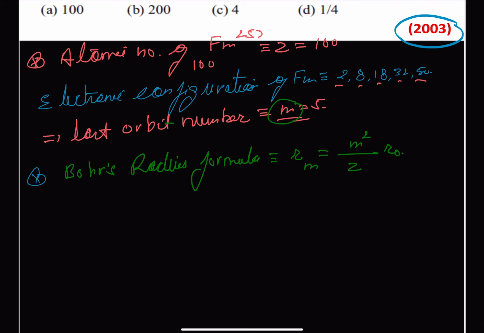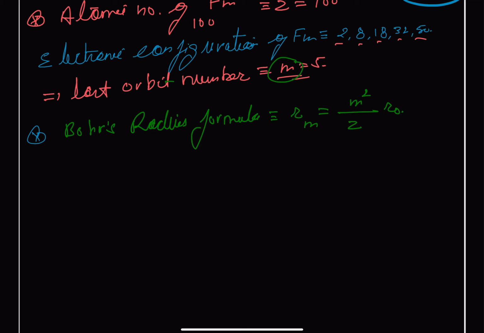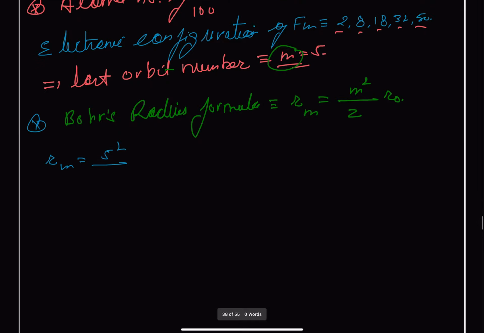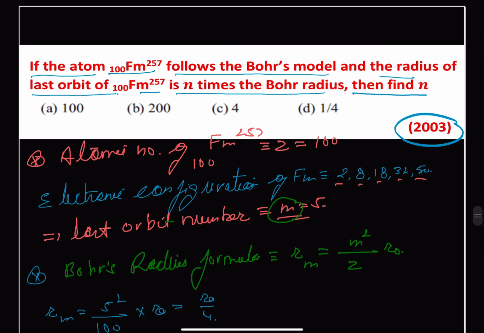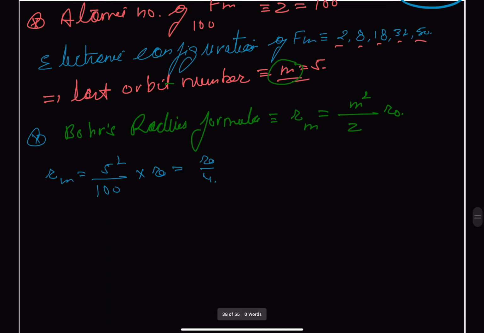And we substitute the values, so we get our Rm will be equal to 5 square over z, which is 100, multiplied by R naught, and this gives us R naught upon 4. And we are given that the radius of the last orbit is n times the Bohr radius. The Bohr radius is R naught and the last orbit is Rm.